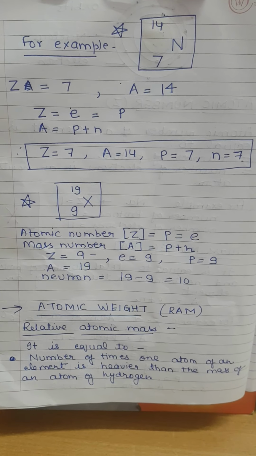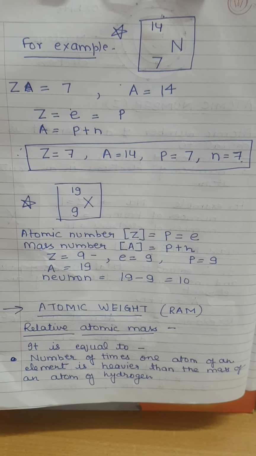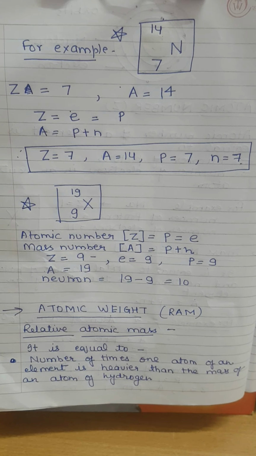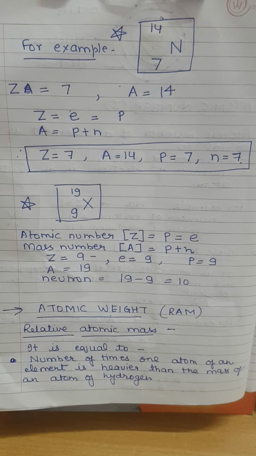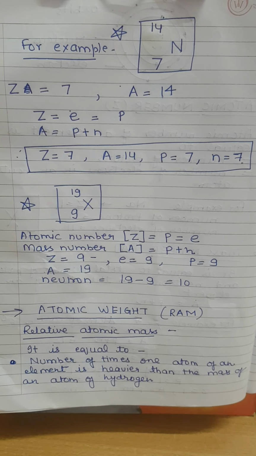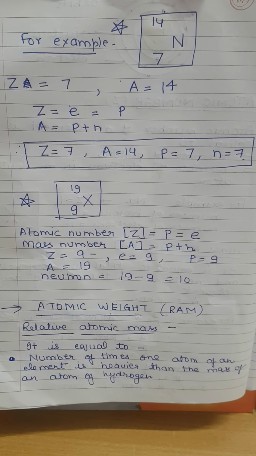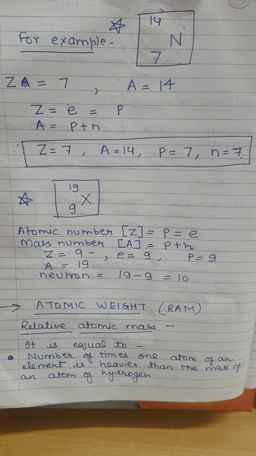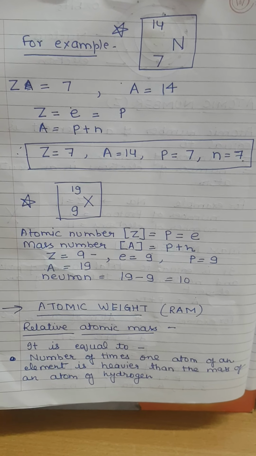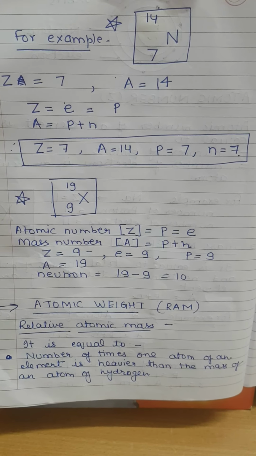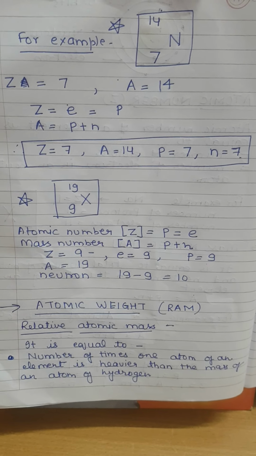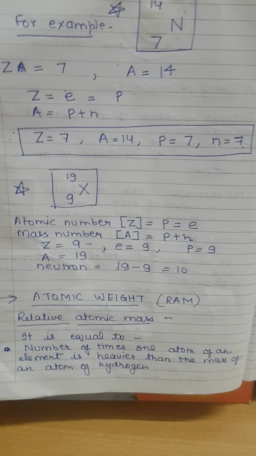One more example, X is any element, 9X19, where 9 is the atomic number and 19 is the mass number. So if Z is equal to 9, you know the number of electrons and protons is also 9. A is equal to 19, that is the mass number. So how will you find out the number of neutrons?